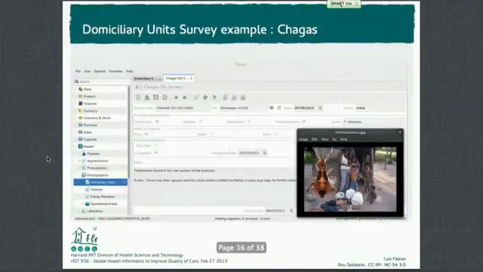So one of the things that we do in this case, before talking about patients, is look at the houses. And this is an example from the Chagas disease module, part of the neglected tropical diseases, that allows you to go house by house and see the type of living and dwelling that you have.